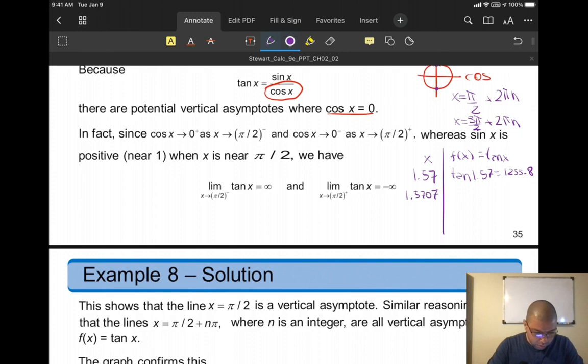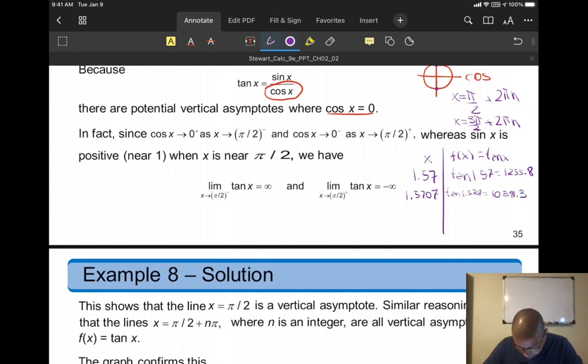I do tangent of 1.5707, and that will be 10,381.3-ish.